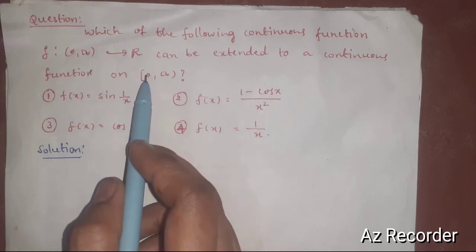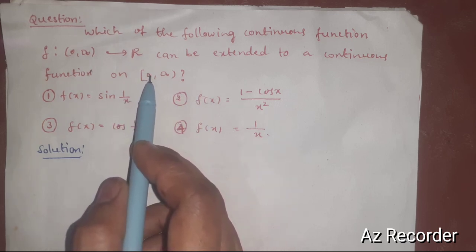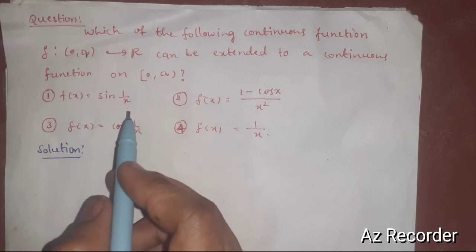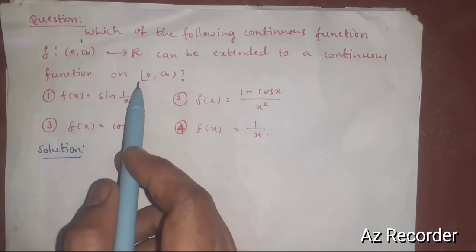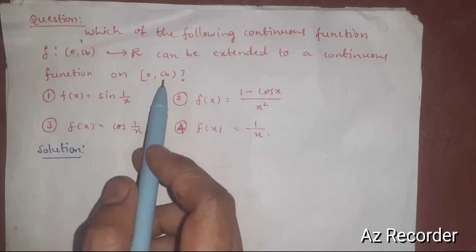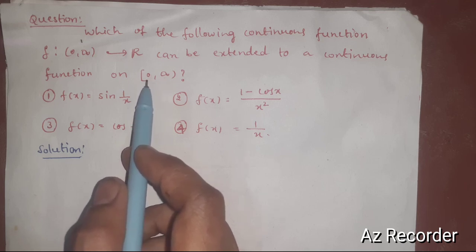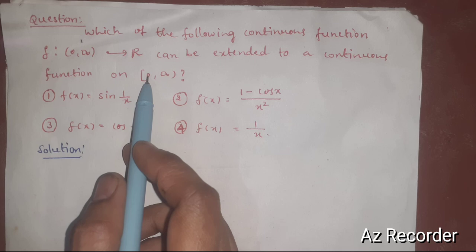Here in this interval the point 0 is included. So to check whether the function is continuous on this interval, we have to check the limiting value at 0.